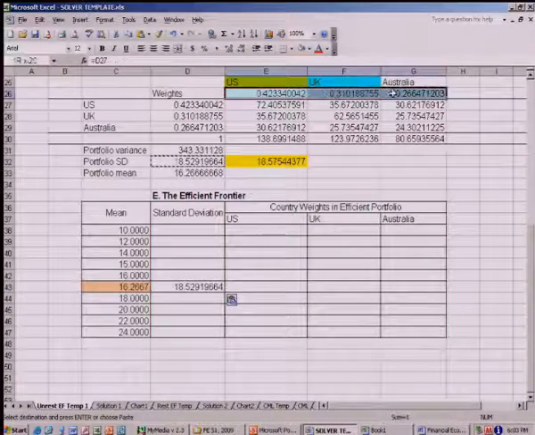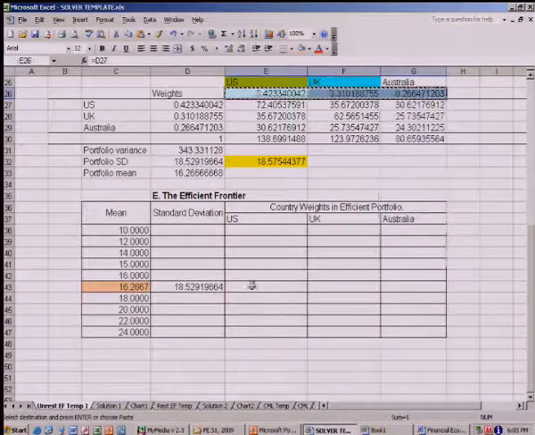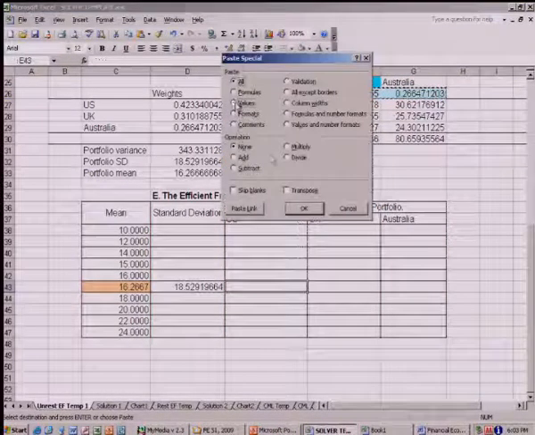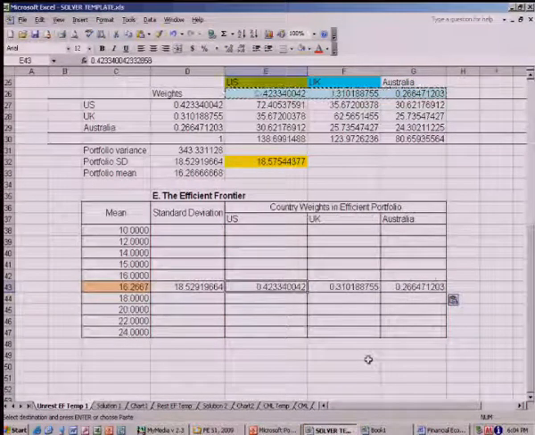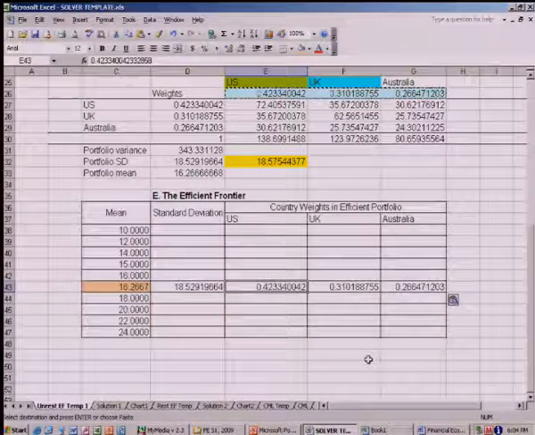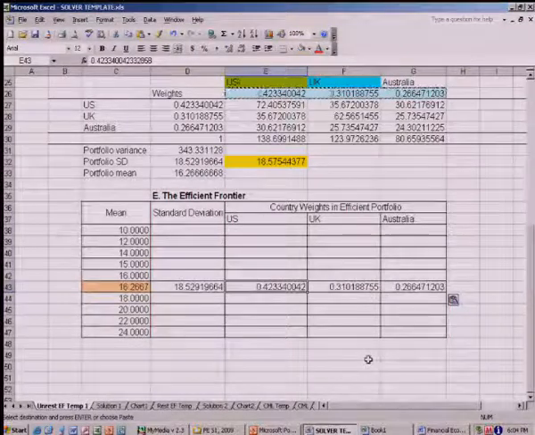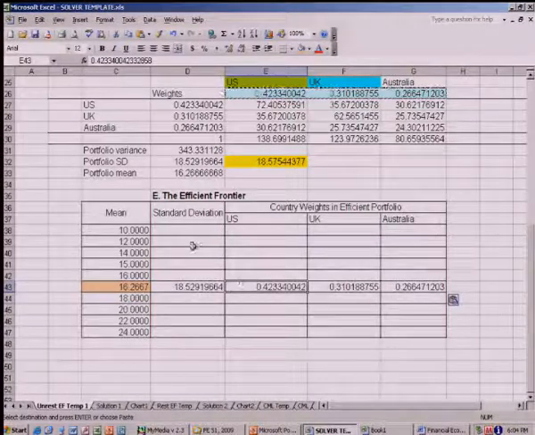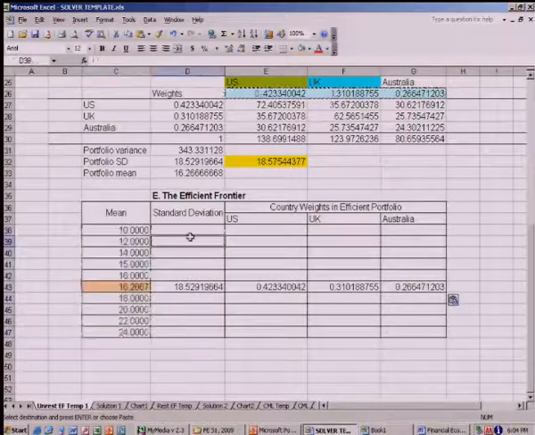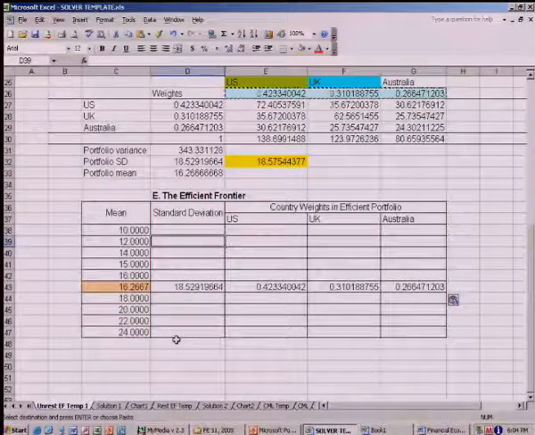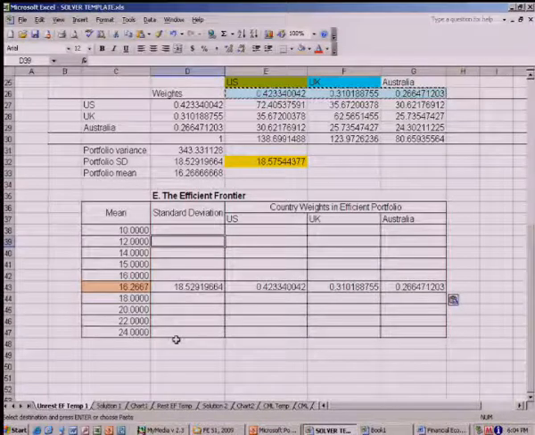What I'll also do is I'll copy and again paste special all the weights that need to be included in a US, UK, and Australian asset in order to achieve that combination of return and risk. And then you will do that for any other target returns that you have. So I'll show you perhaps with a couple more before we move on.